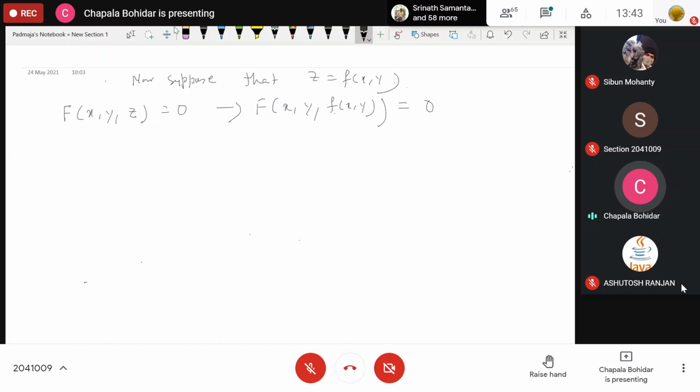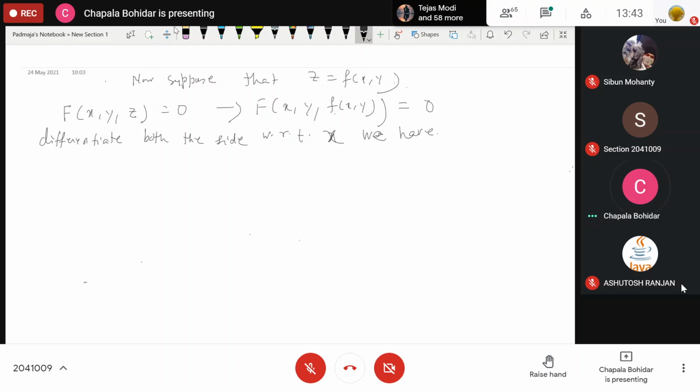So what you write down? Here f is the function of two variables, not one x like the last one. Last one it is only x. Here two variables, that is your x and y. So differentiate both the side with respect to x.